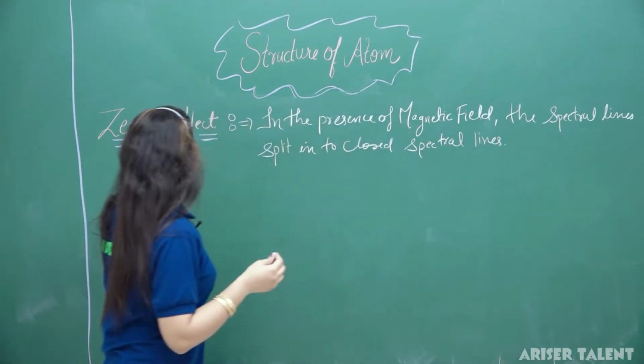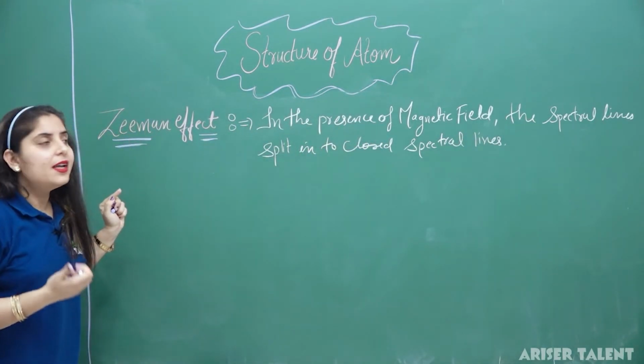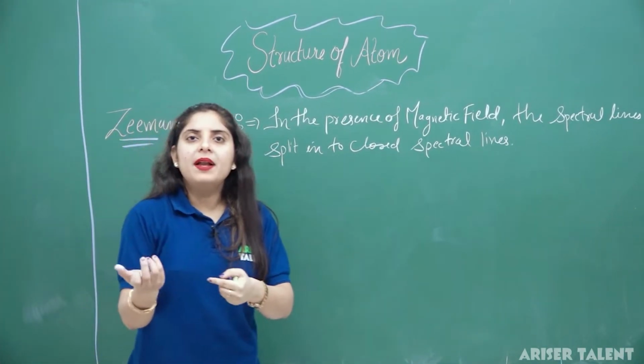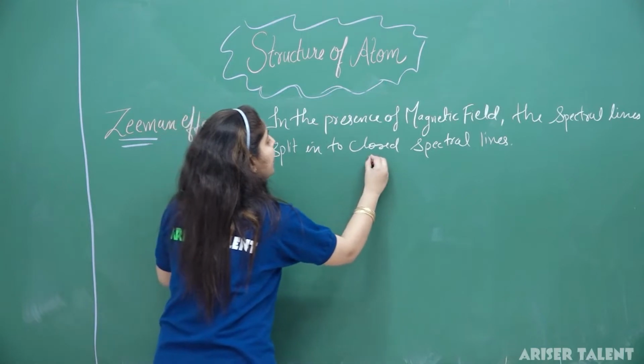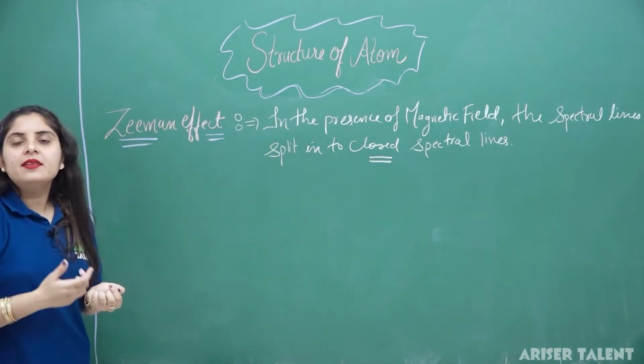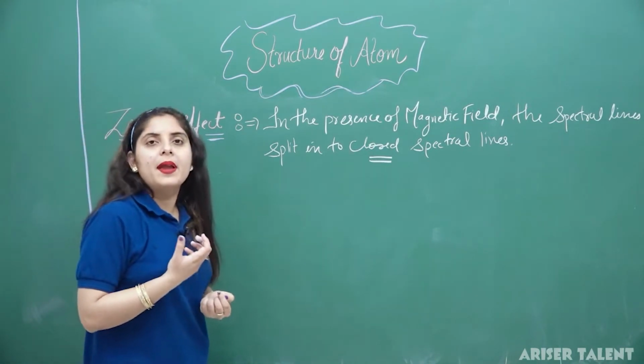So this is basically the Zeeman effect, in which the presence of a magnetic field will split the spectral lines into closed spectral lines.